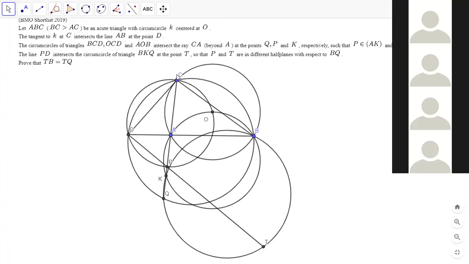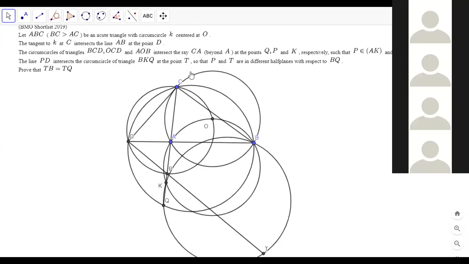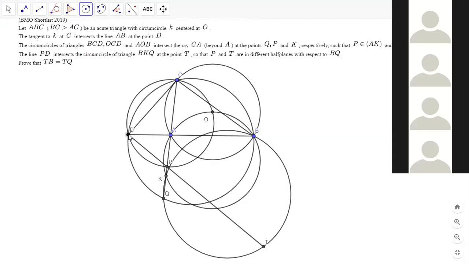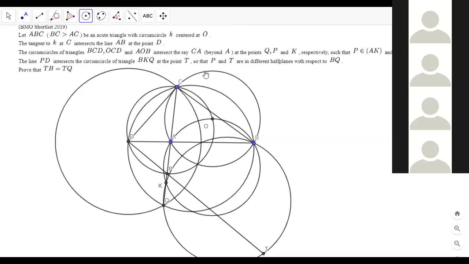I was going to say maybe angle CDQ and QTB add up to 180, but that doesn't look true. Yeah, sure. DC equals DQ.